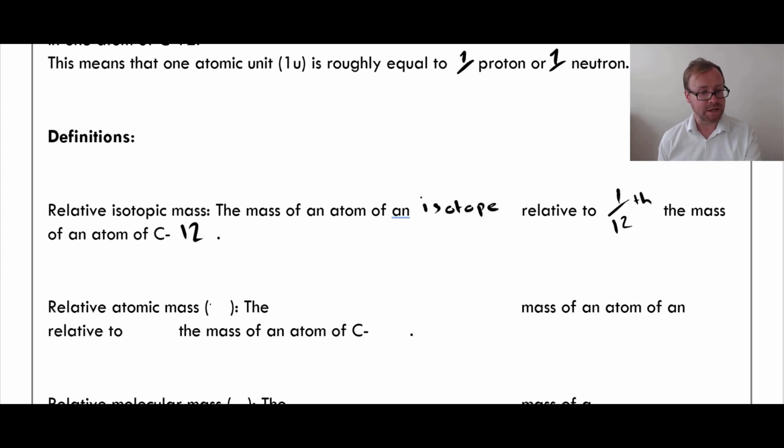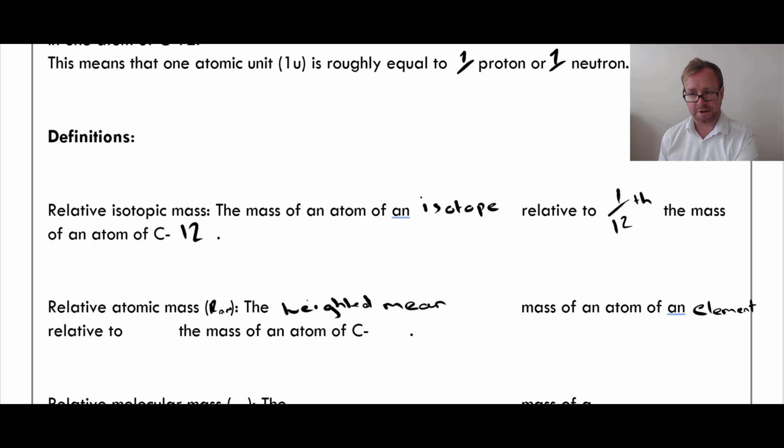Relative atomic mass, which you may see as RAM, is the weighted mean mass of an atom of an element.